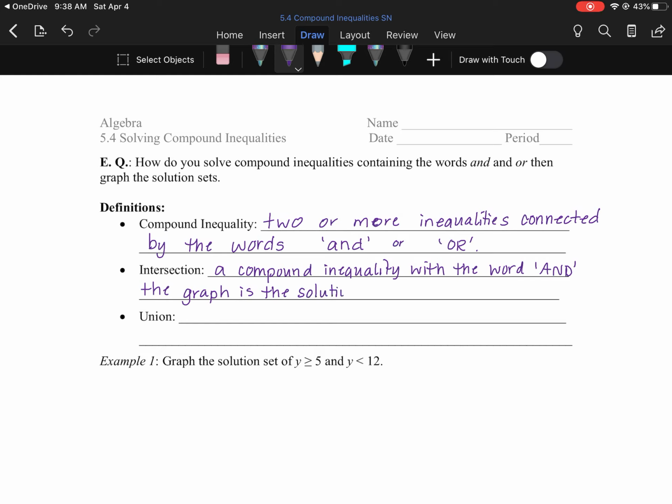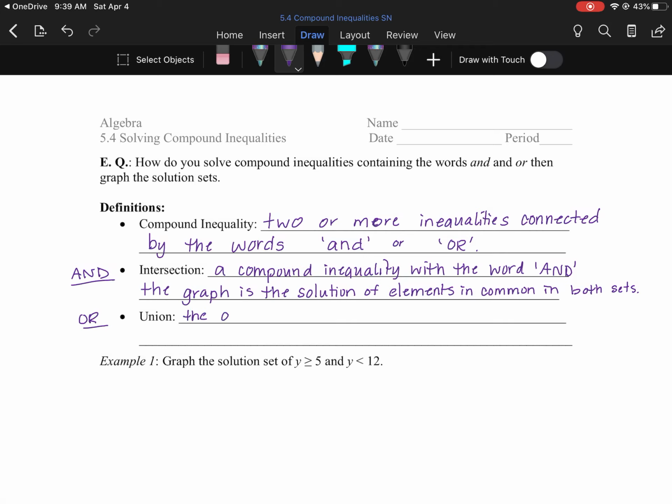So the graph is the solution of elements in common in both sets. All right, so what values do both inequalities have in common? All right, so intersection is the word and. We're just going to write that over here to remind ourselves. That means union must be the word or.